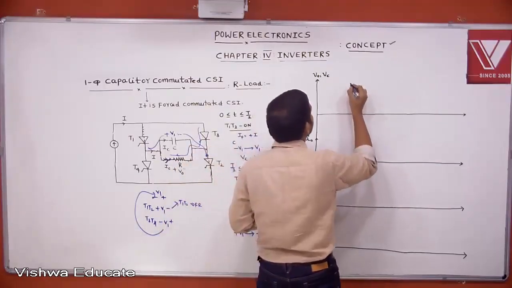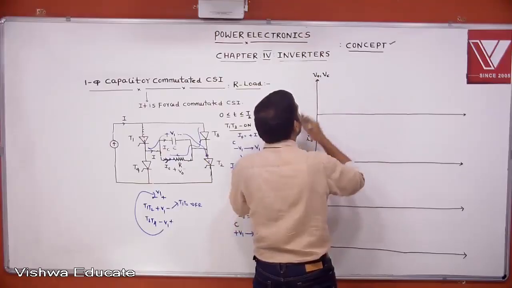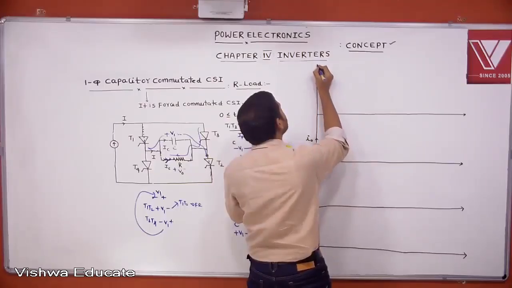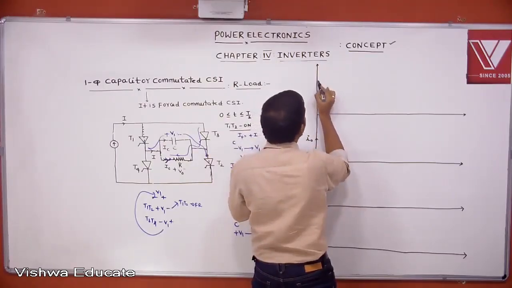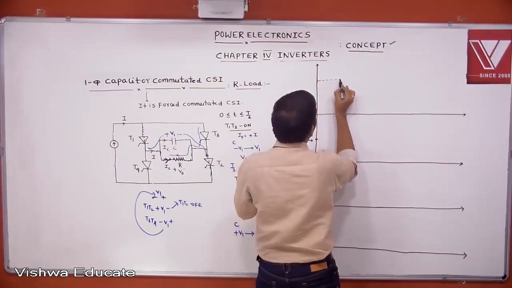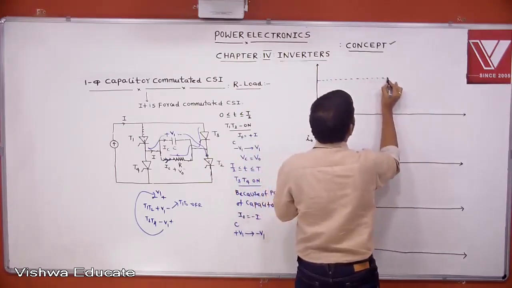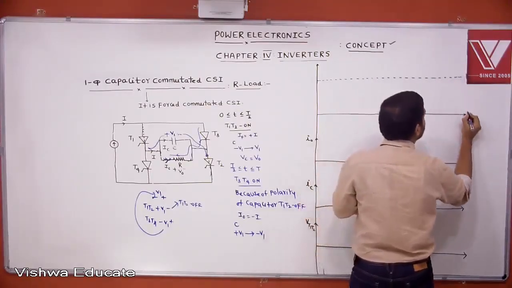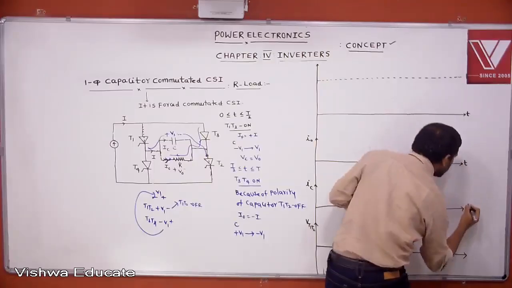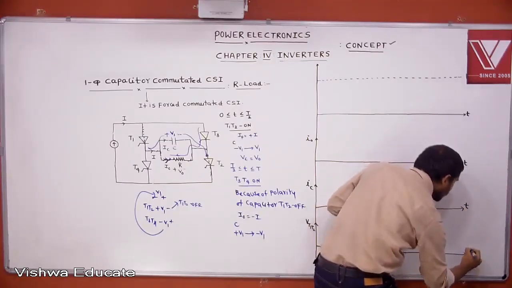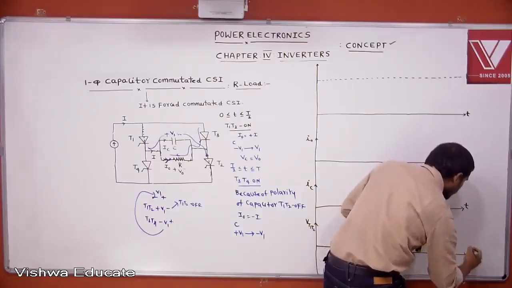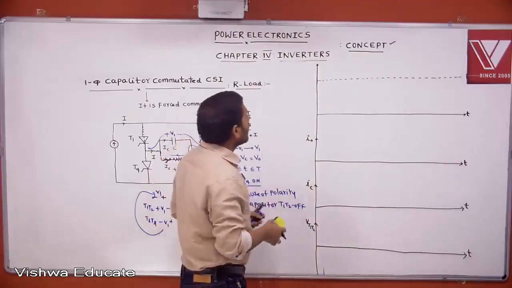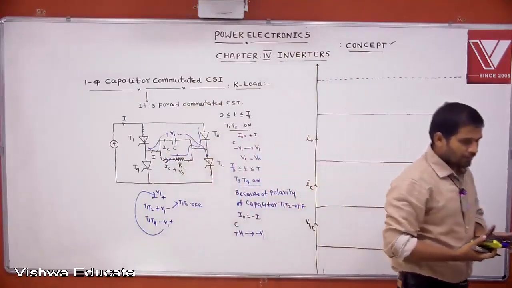Then, for IZ1 and IZ2, if T1, T2 and T3, T4 are triggered, if the triggering pulse is considered, this is T, this is also T. First, all of you draw these waveforms parallelly.